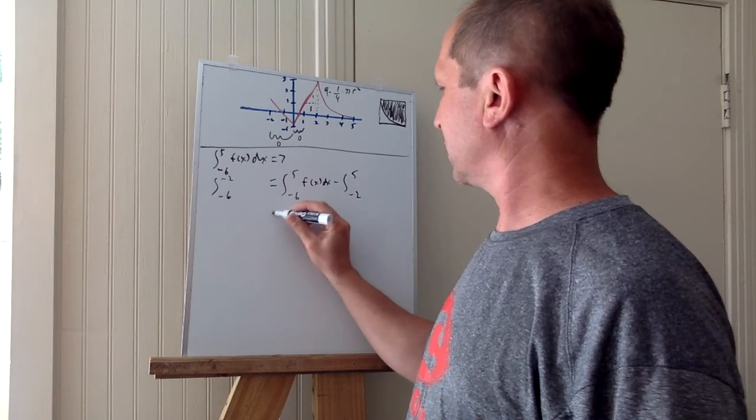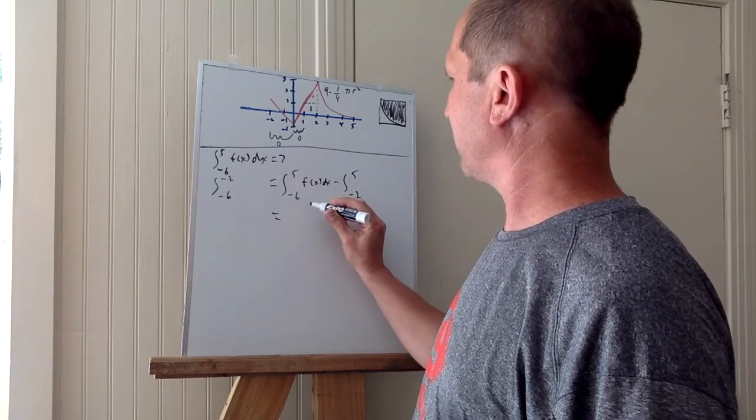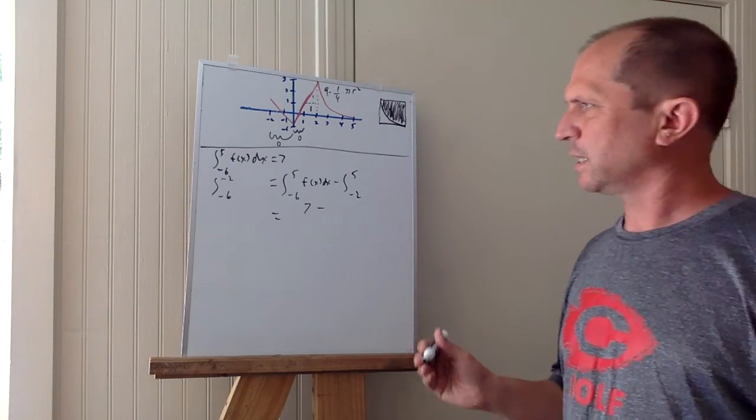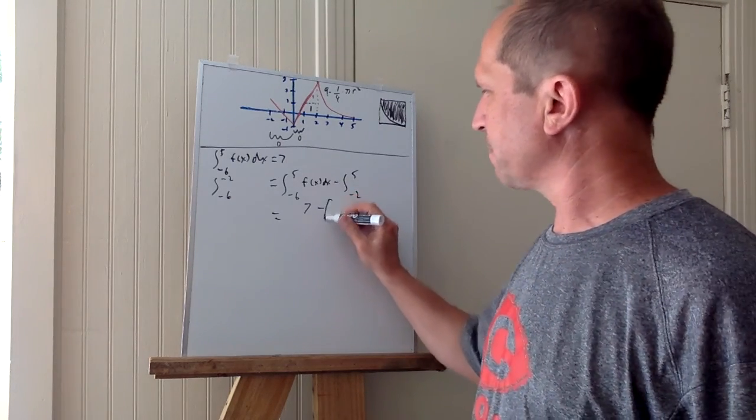All right, well, they tell us that -6 to 5 is 7, so it's going to be 7 minus. Now, all we have to do is figure out what this integral from -2 to 5 is.